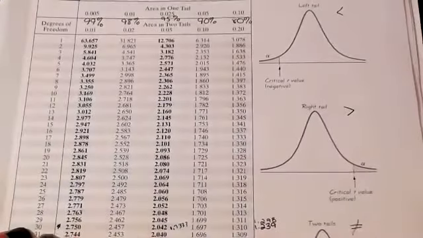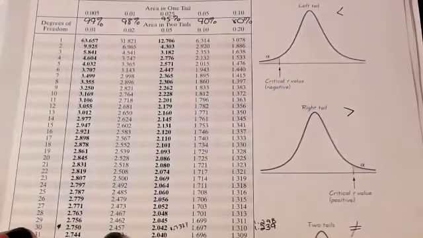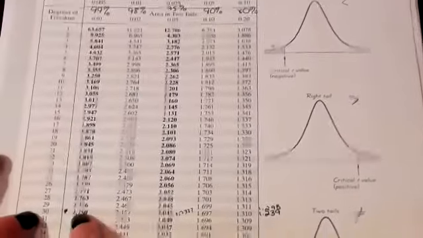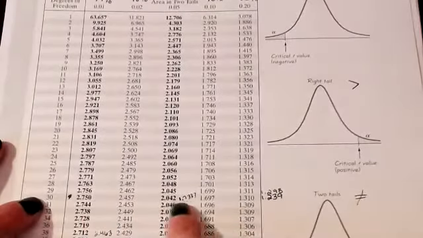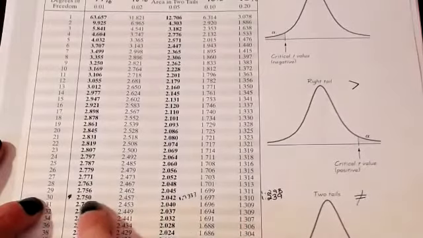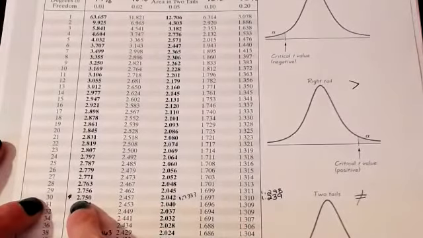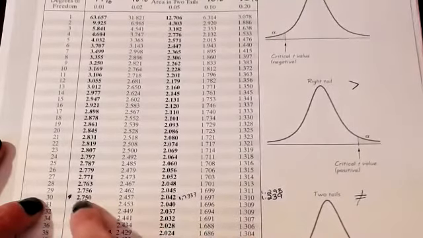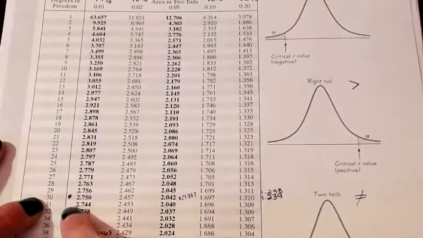So I'm going to look at these values and say to myself, where does 3.349 fit? I see that my 3.349 sits somewhere here to the left of our value here, okay?